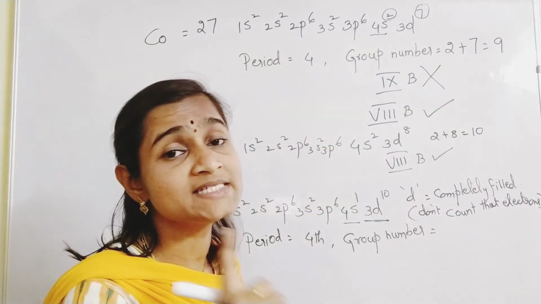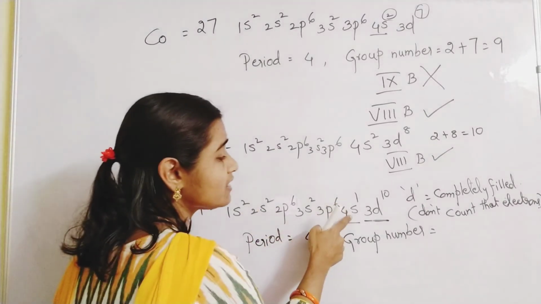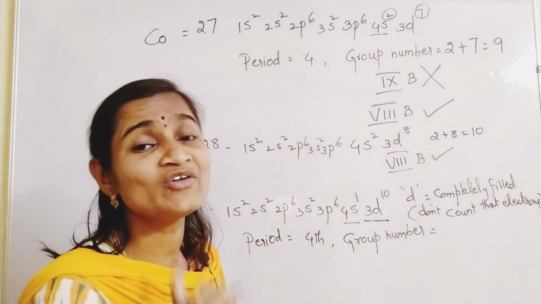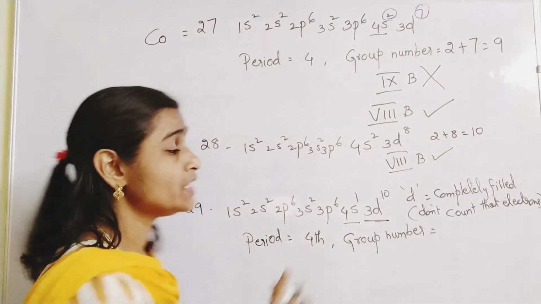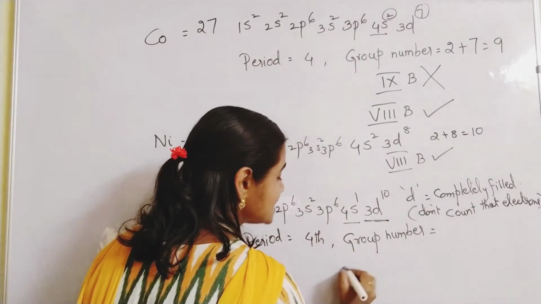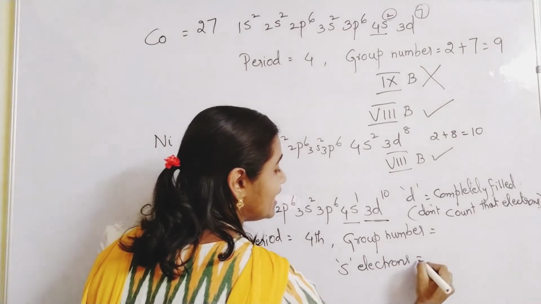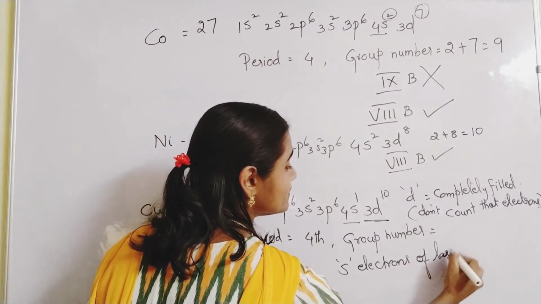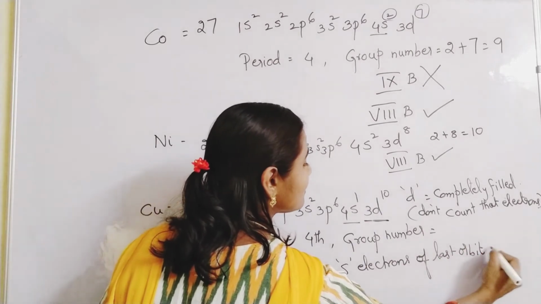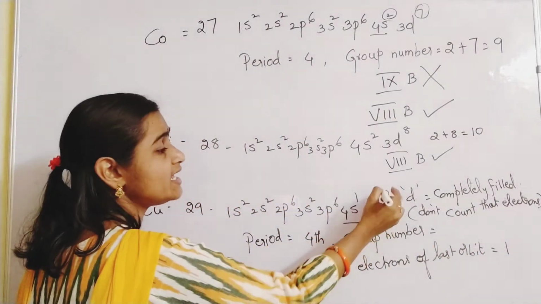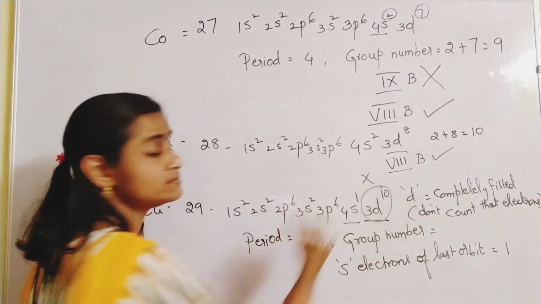Repeatedly I am telling, please remember: don't count the d electrons. Count only the s electrons of the last orbit. How many do you get? Only one, 4s1. The 3d I am saying not to count.